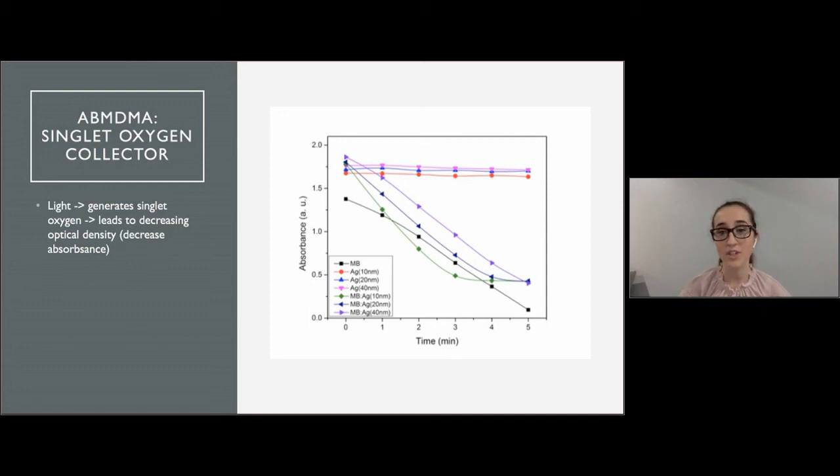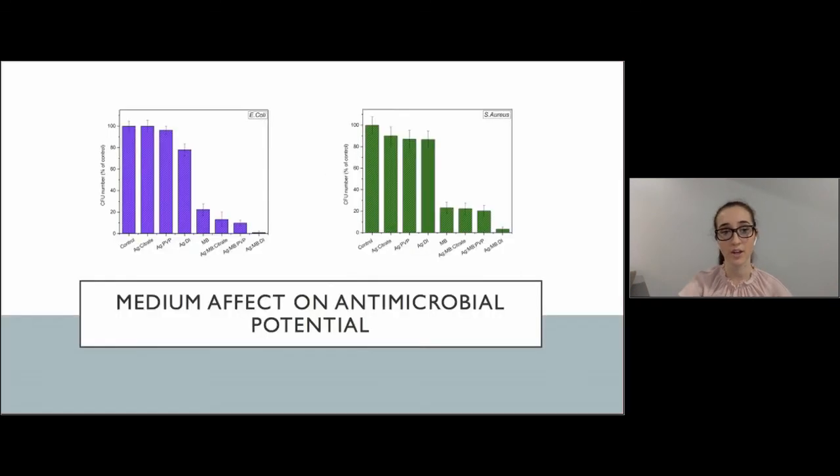As you can see from the diagram, whenever methylene blue is present, as time went on through light irradiation, the absorbance continued to decrease. This suggests that more singlet oxygen is being produced with methylene blue, which explains why the combination of methylene blue as well as the silver nanoparticles was the most effective at eradicating the bacteria.